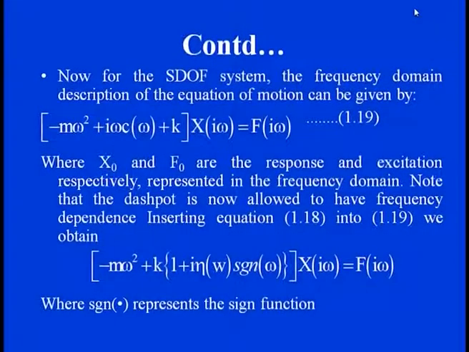So now you see this is a clear variation with the loss factor incorporating the damping, and then X of i omega equals F of i omega, where the sign omega is clearly showing the variation in the harmonic way, and when this variation is there, we can straightaway incorporate the sine function accordingly.